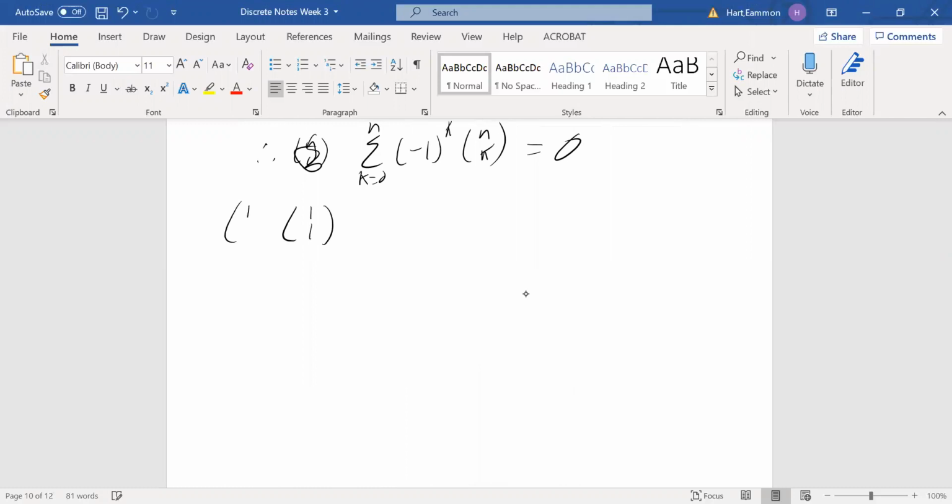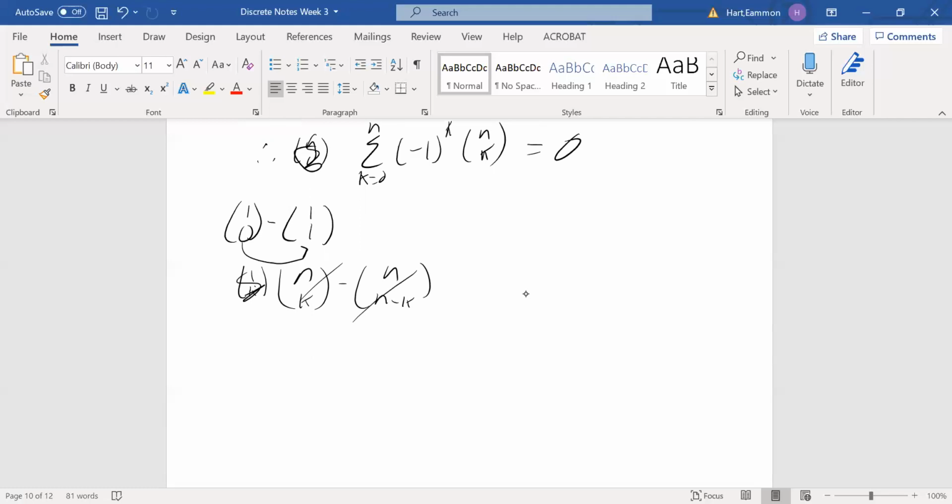Then we would have minus this, except these guys are the same, because this is n choose k, and this guy is n choose n minus k, and we have them subtracting. So these guys are clearly going to cancel, and that's pretty easy to see.